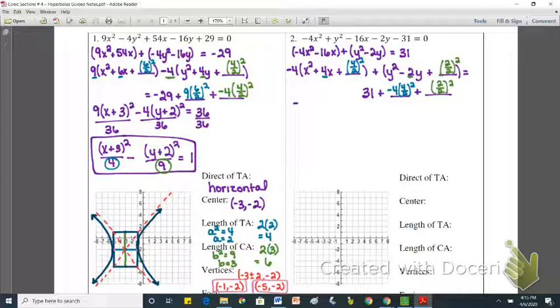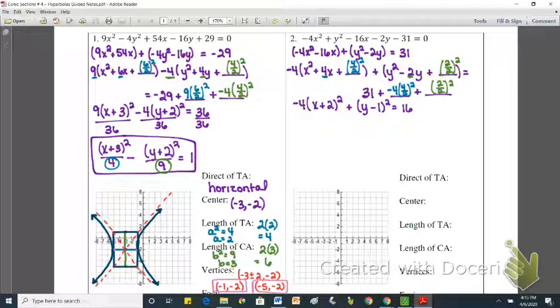So what I get is negative 4 times x plus 2 squared plus y minus 1 squared equals 16.